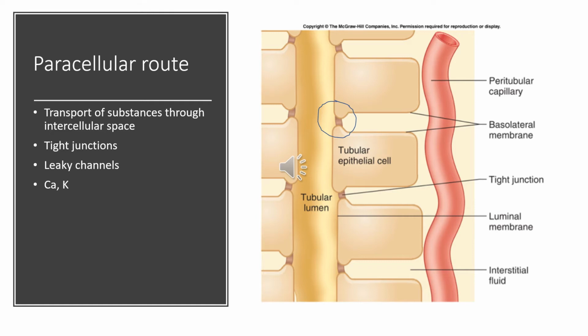So when the transport of solutes and water occurs between the cells through the tight junctions and these lateral intercellular spaces, the process is called transport across the paracellular pathway. Reabsorption of calcium and potassium ions from the proximal tubules, and likewise reabsorption of water and some sodium ions, occur through this paracellular pathway.